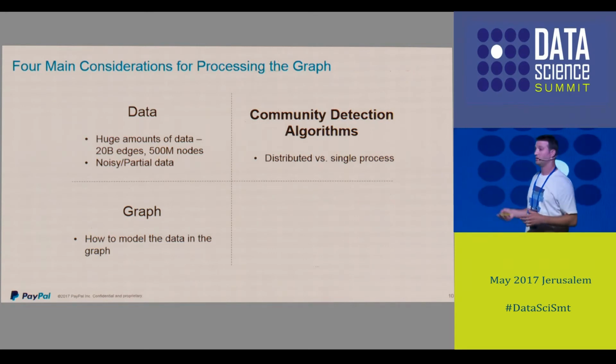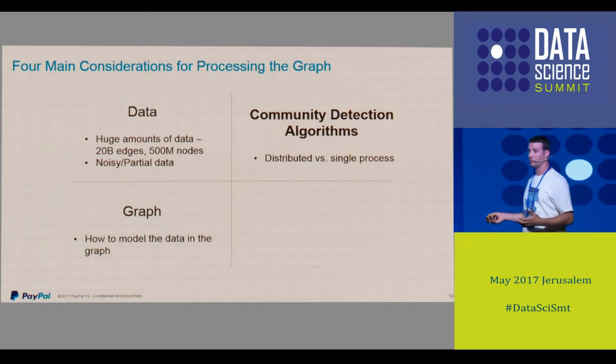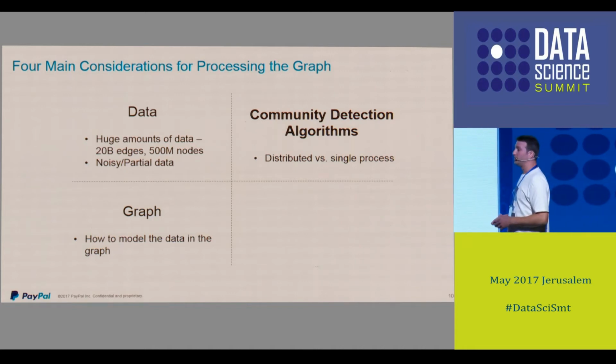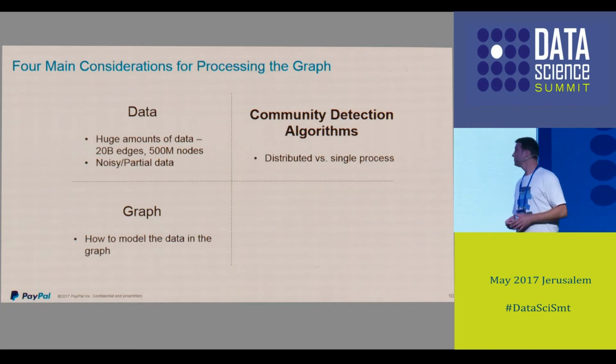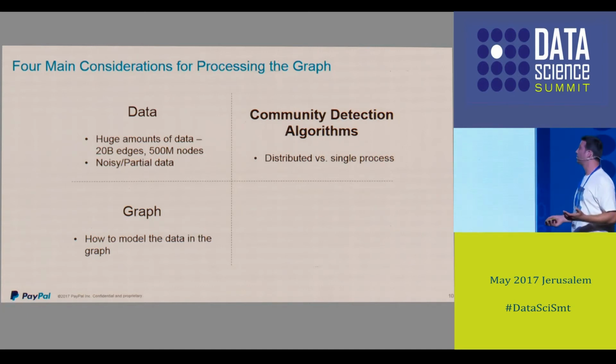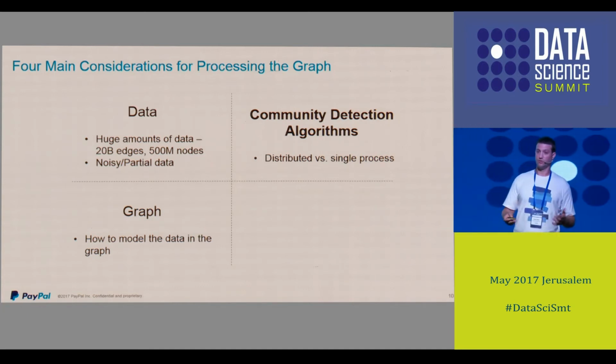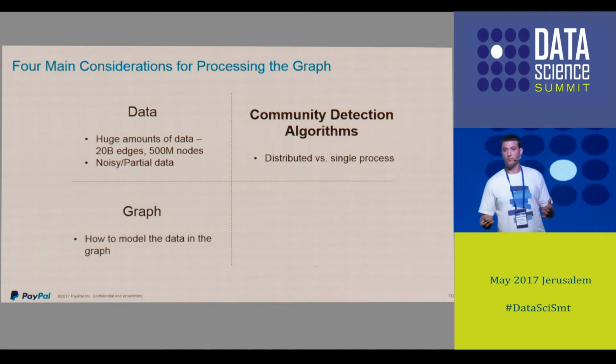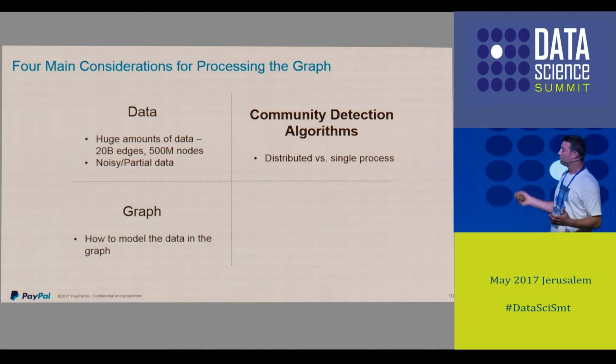So for example, we use GraphX, which is Spark's graph algorithm package, and it comes with only a handful of algorithms, and actually not even one community detection algorithm at all. So each algorithm we wanted to use, we had to either find in the open source and migrate, or implement ourselves from scratch.